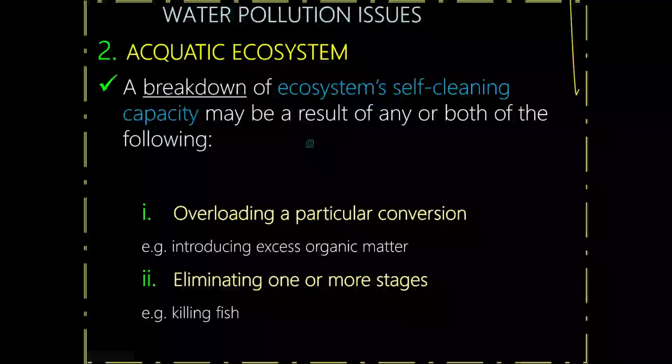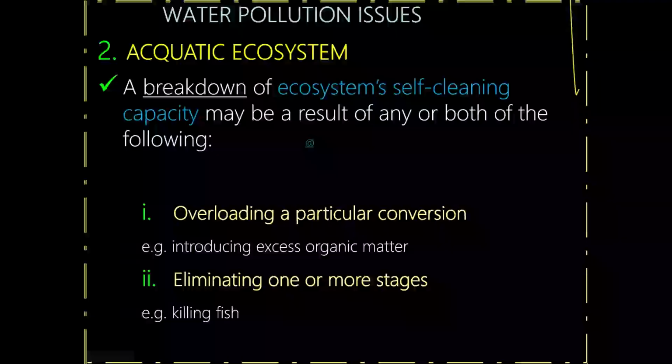So if you look at the tailings dam, for instance, there are wells around the tailings dam, which are tested all the time, because if that well gets polluted, it means that the tailings is leaking and something needs to be done about it. So if the aquatic ecosystem cannot clean itself of everything you are sending in, then we say there's a breakdown.